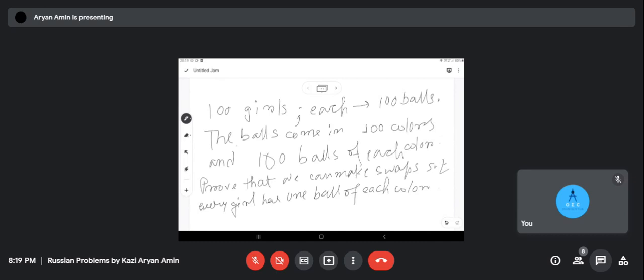So we need to prove that there is a sequence of swaps such that every girl has one ball of each color, and every ball is used in at most one swap. Right. So you cannot use the same ball for a lot of swaps. You can use the same ball for at most one swap.